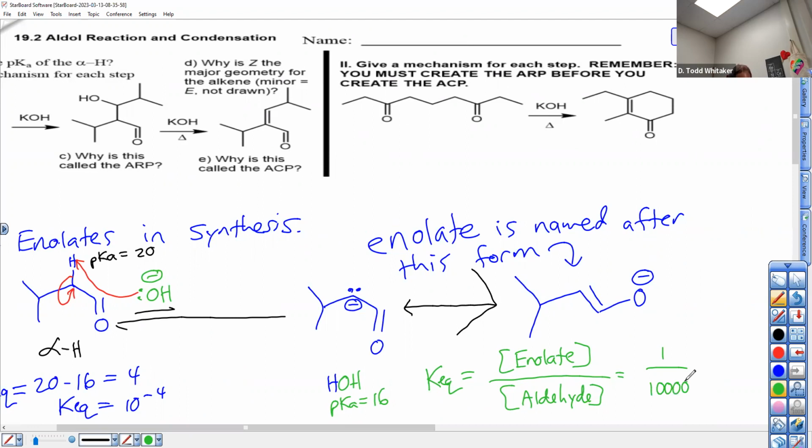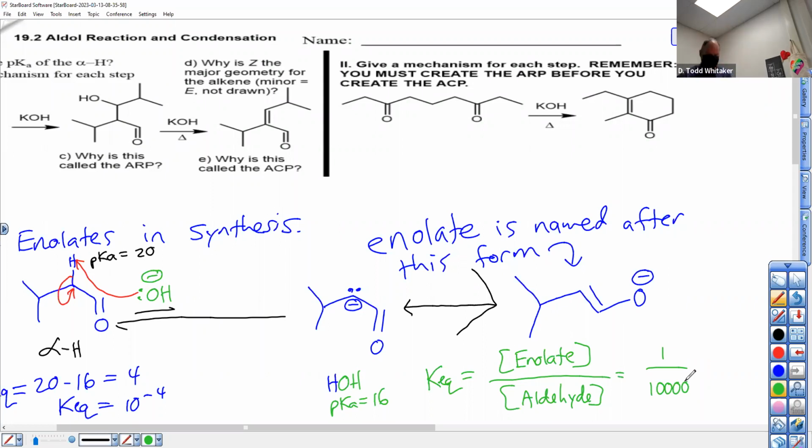That's not 10 to the 4th, is it? 1, 2, 3, 4. It is 10 to the 4th, isn't it? Right there. So what is the enolate surrounded by? 10,000 aldehydes for one enolate.